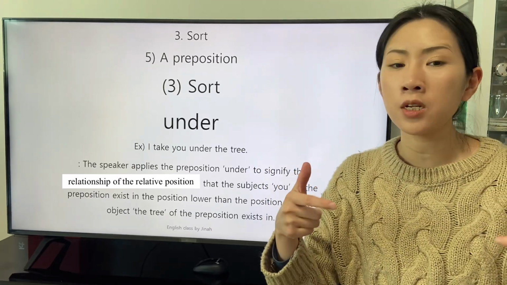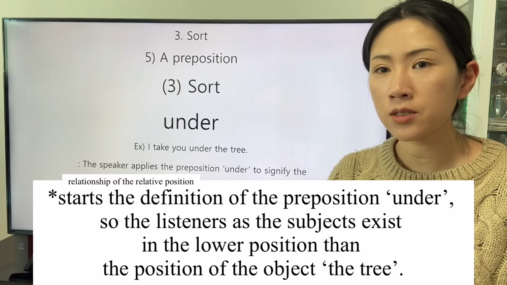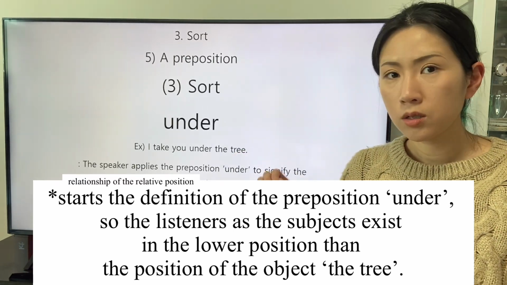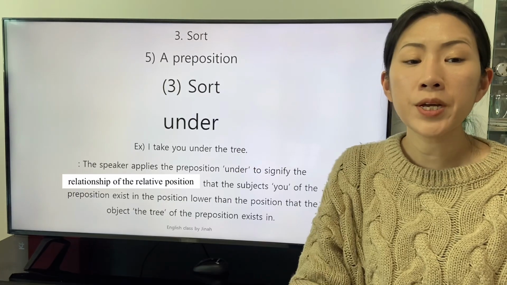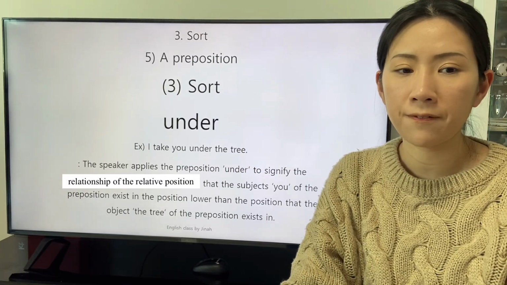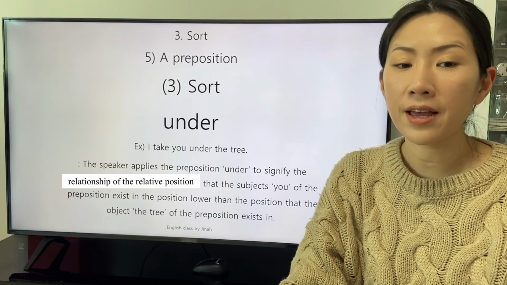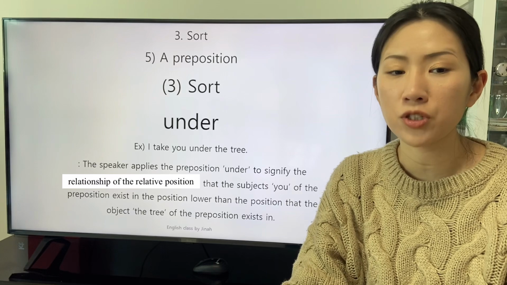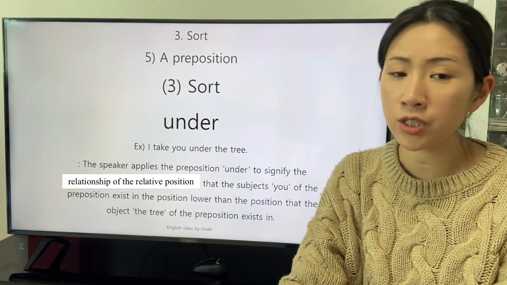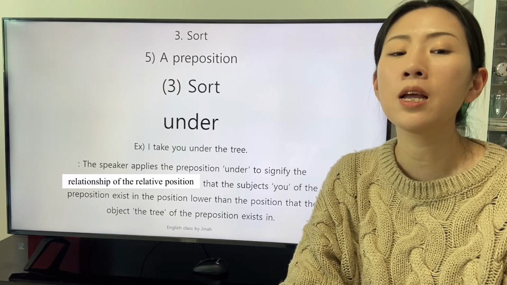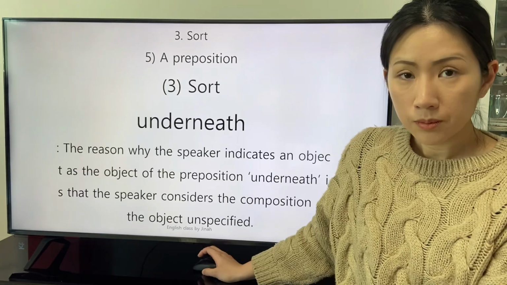The speaker applies the preposition under to signify the relationship of the relative that the subject, you, of the preposition exists in a position lower than the position that the object, the tree, of the preposition exists in.